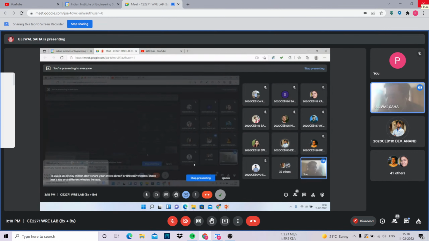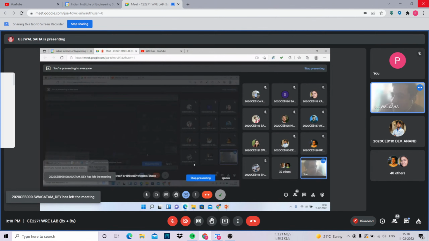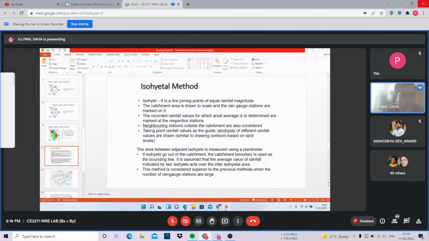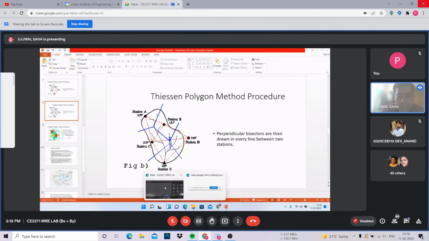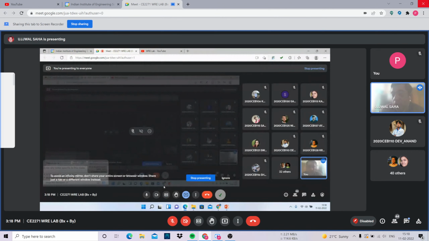One thing is that rain will precipitate uniformly in the catchment. You are telling completely opposite. Our assumption is that rain is not uniform. That is why we are calculating the average. And obviously you can see that rain is not uniform because station A is 0.55, station B is different. So the assumption is that station rainfall is not uniform.